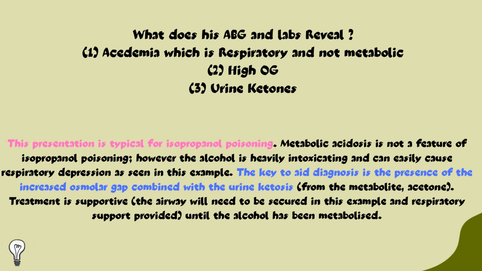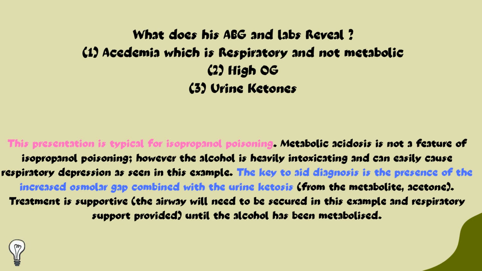The ABG shows an acidemia with a significant respiratory acidosis with no metabolic component. No metabolic acidosis, no HAGMA, but a respiratory acidosis. And he's got a high osmolar gap with urine showing ketones. We have discussed this toxicology profile previously. This is a typical presentation for isopropanol intoxication.